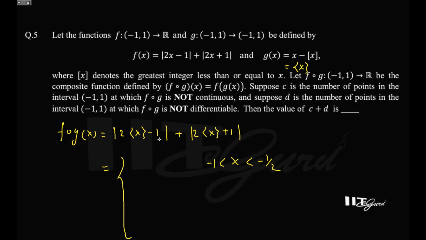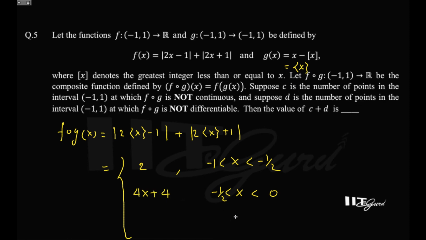Here you can see the value will be 2, correct? So for x between -1 by 2 and 0, it will be 4x plus 4.